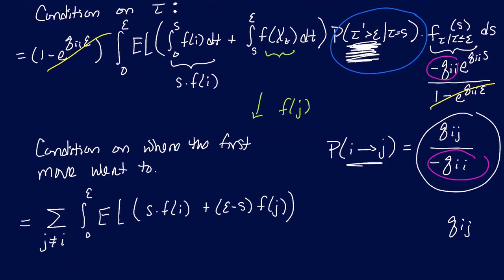And so I know that in this case, tau prime is exponential with rate negative qjj. And that means that I can write the blue circled probability as a tail probability for this exponential. And this is going to be e to the positive qjj epsilon.